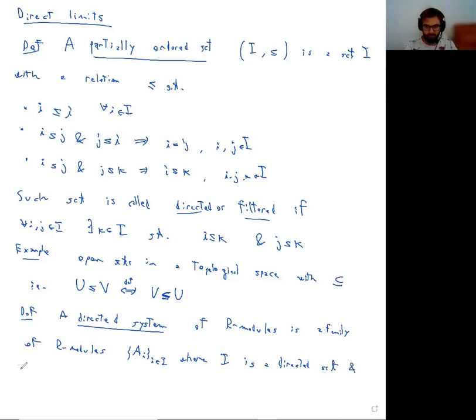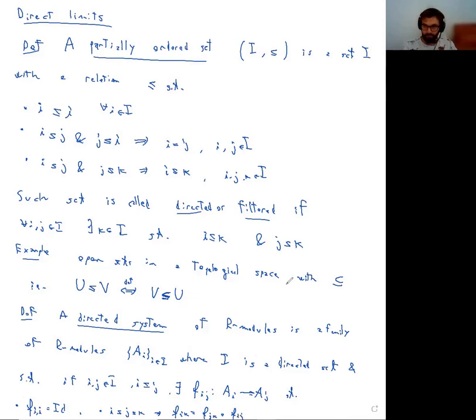And we have transition maps: if you have two indices and one is less than the other, then there exists a morphism of R modules from A_i to A_j, with a couple of properties. f_ii is the identity. And if i is less or equal than j, less or equal than k, then f_ik is just the composition of f_jk composed with f_ij.